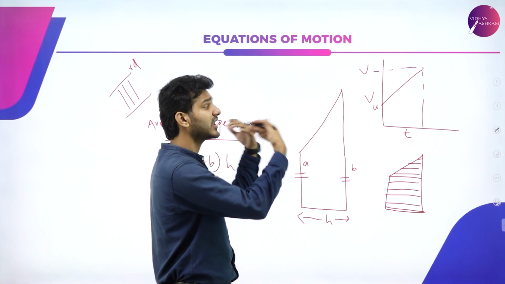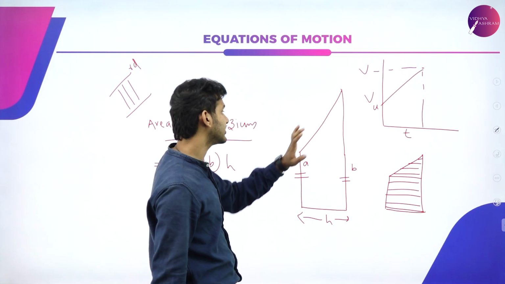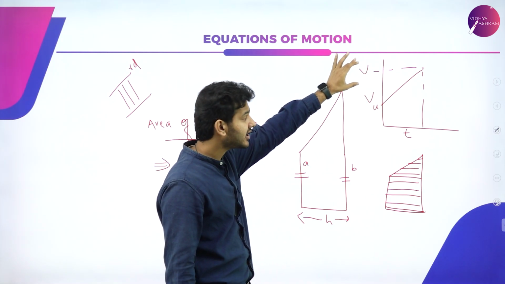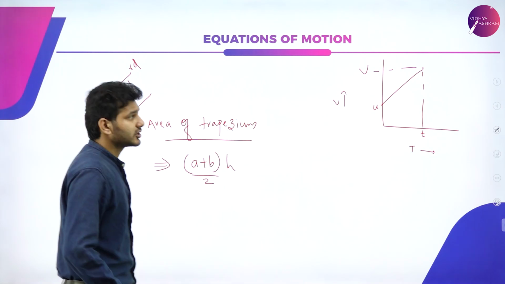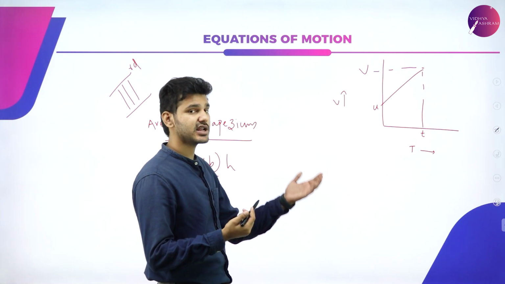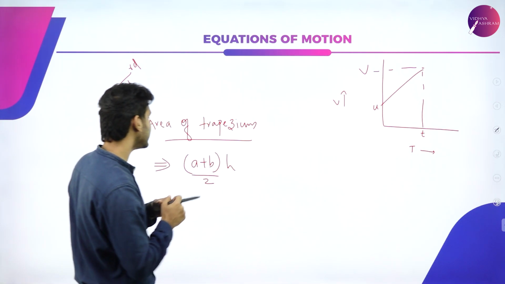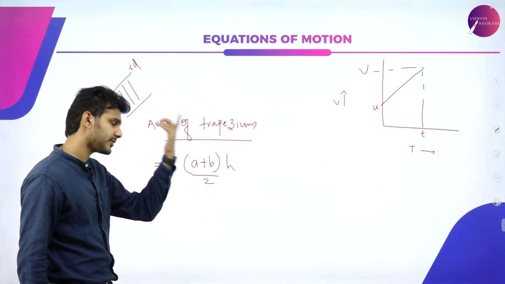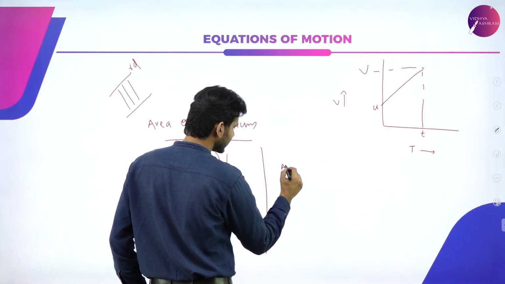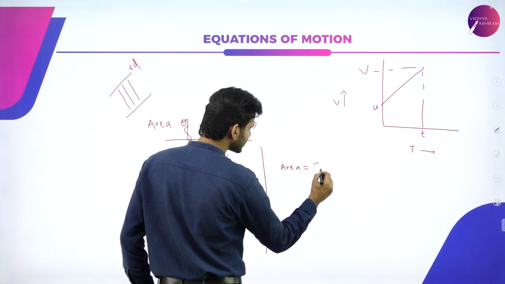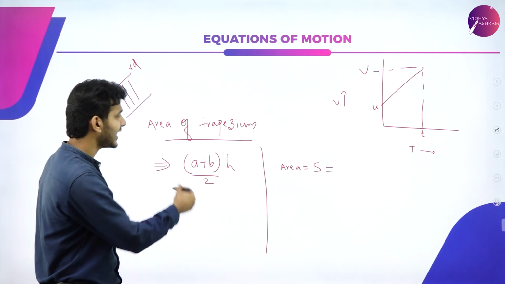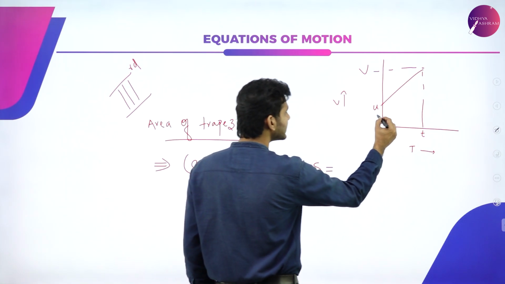That is why I'm not again and again drawing the same thing, but just know that this is a velocity time graph and we have final velocity V and initial velocity U. Now we have to find the area of this trapezium or trapezoid. So area will be equal to displacement, and that is actually equal to A plus B.